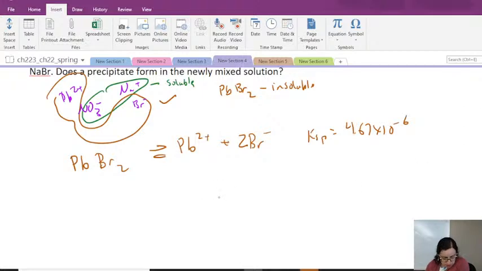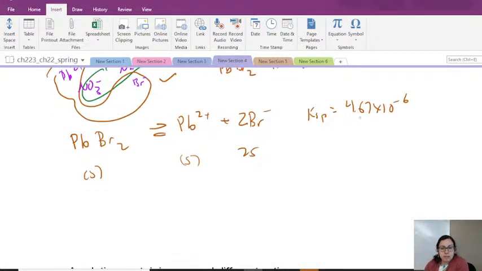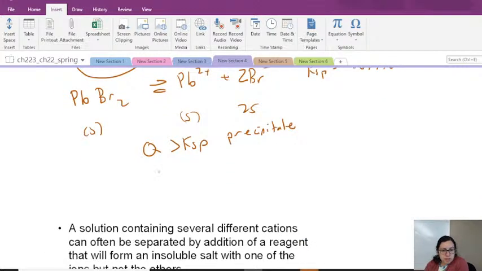And so now let's write our expressions, and then we'll plug in some numbers. And so just S, S, 2S, and we could also plug in numbers. This probably wasn't necessary. So we need to say, well, if Q is greater than KSP, then we have a precipitate. And so that means we need to plug in our snapshot.